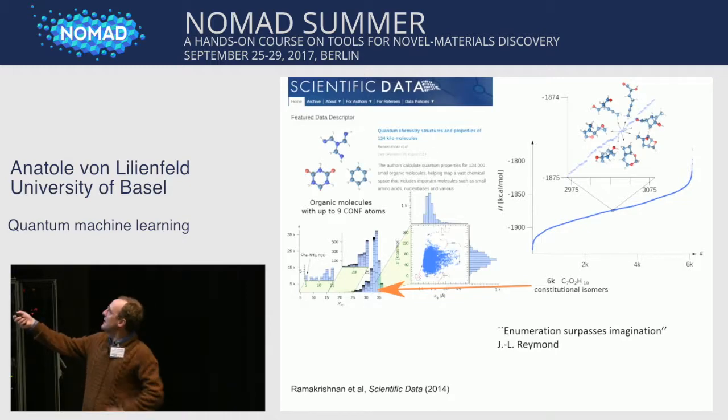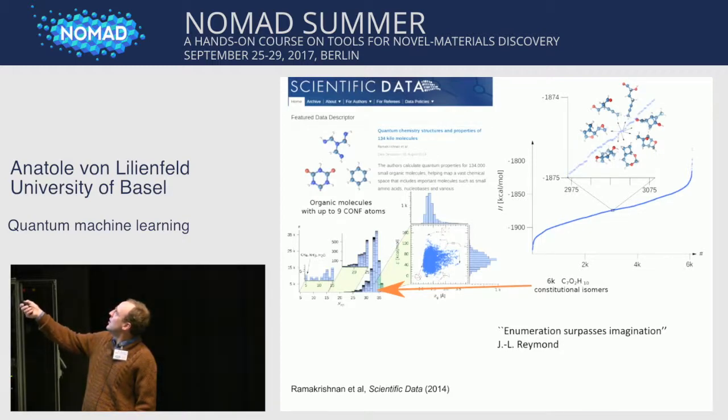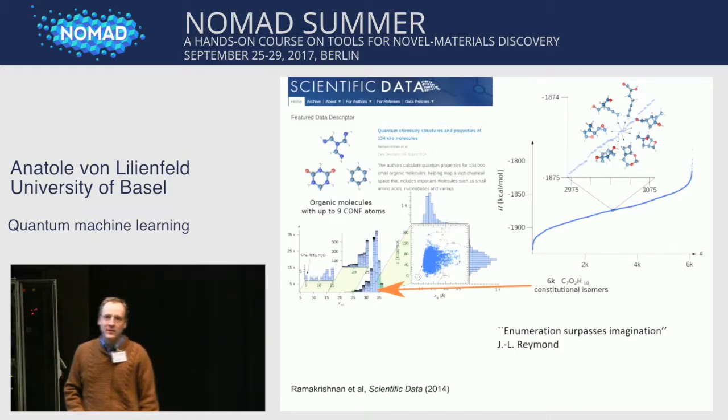So here's an example for these molecules which are present in the database. We plot here the enthalpy of atomization in ascending order, and if you zoom into this linear regime, you see that there are roughly 100 molecules in an energy window of 1 kcal/mol.